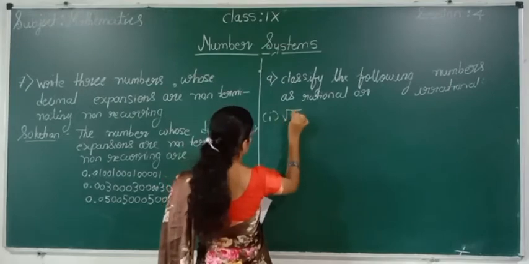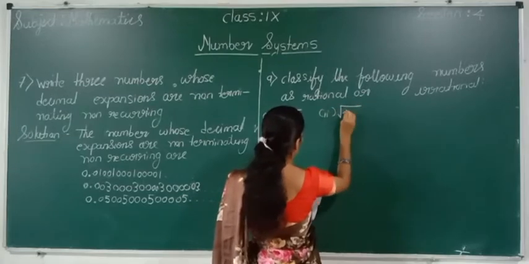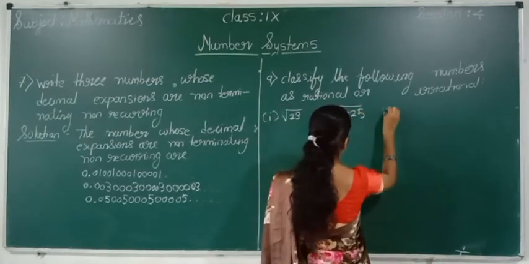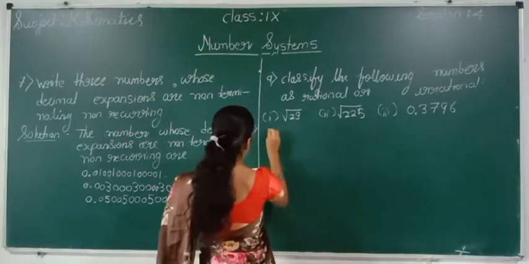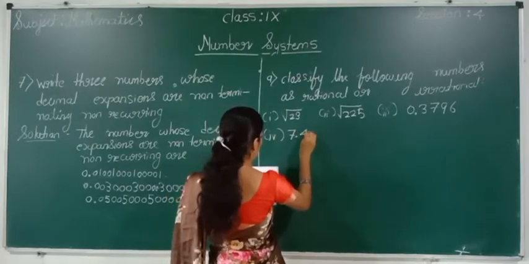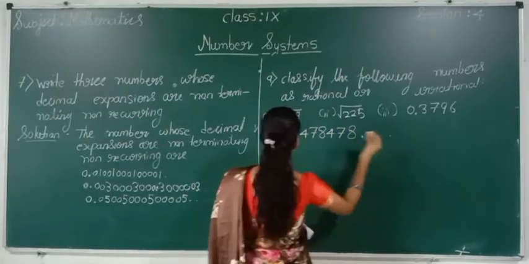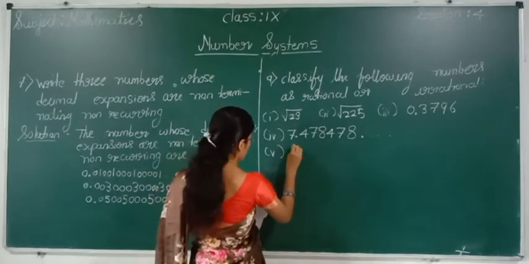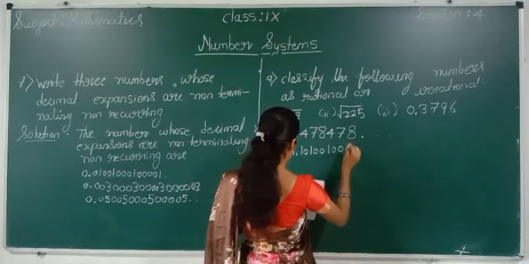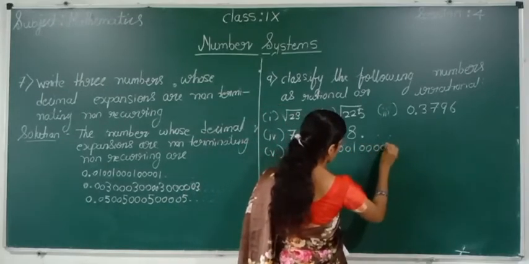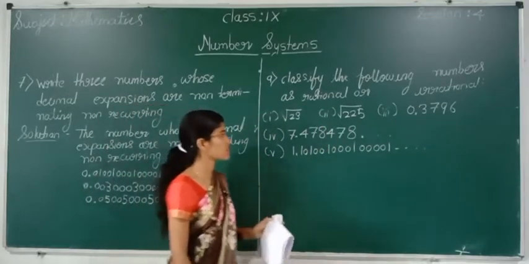First one they have given is root 23, second is square root of 225, third is 0.3796, fourth is 7.478478, and the last one is 1.10100100014. See here students, we have to tell which of these are rational numbers and which are irrational numbers.